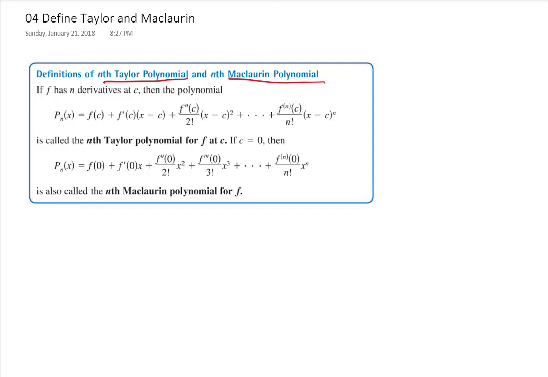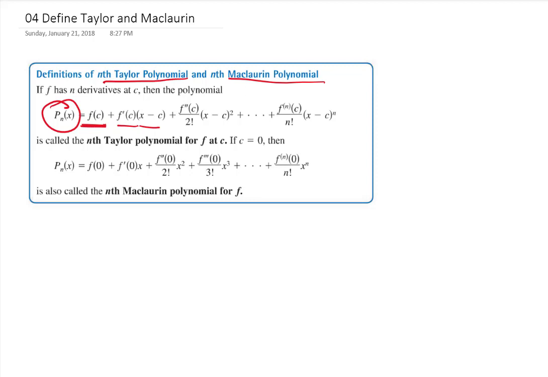What the Taylor polynomial says is you can write a polynomial based on the function value at a certain number, plus the derivative at that function value times x minus c, plus the second derivative at that function value over 2 factorial times x minus c squared, and so forth and so on.